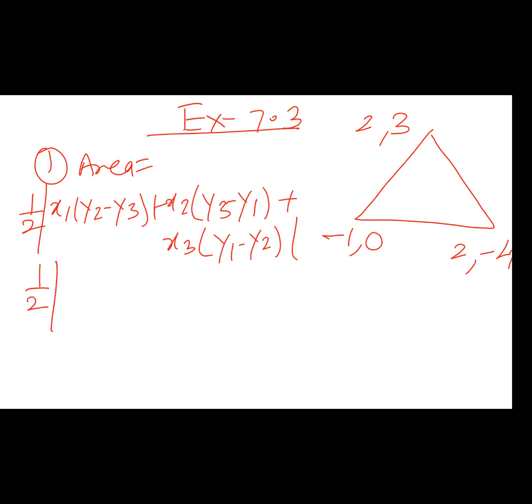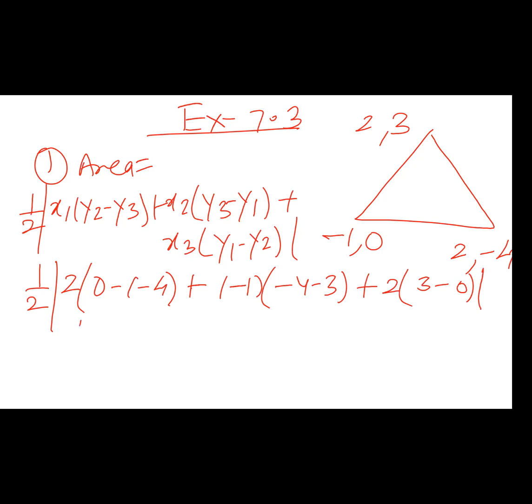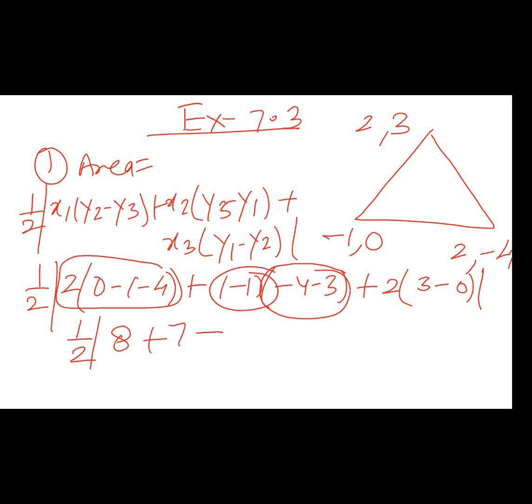Half, what is the value of x1? 2. What is the value of x2? Minus 1. And x3 is 2. So this becomes half, and this will become what? 8, and this becomes 4 minus 3, minus 7 into minus 1. It's 7 plus 6.